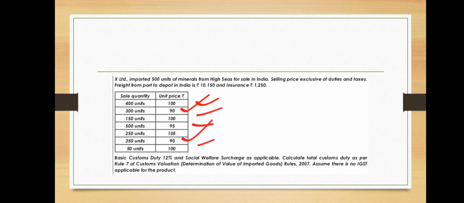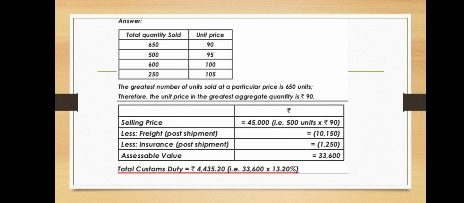Assume there is no IGST applicable on the product. So let us go for the calculation. The quantity is given, and which price we need to take is also taken into consideration. Basic custom duty and social welfare charges are as applicable according to the rule.